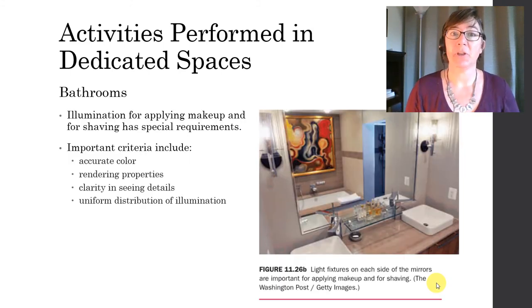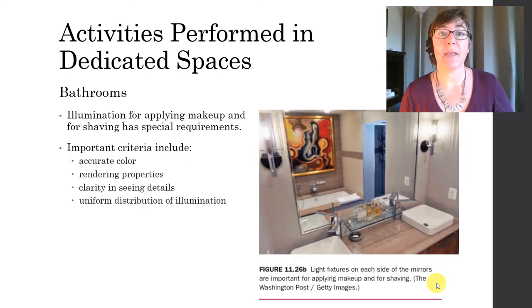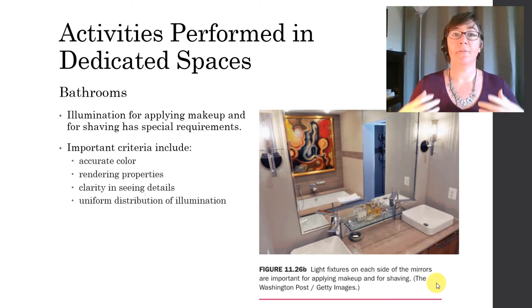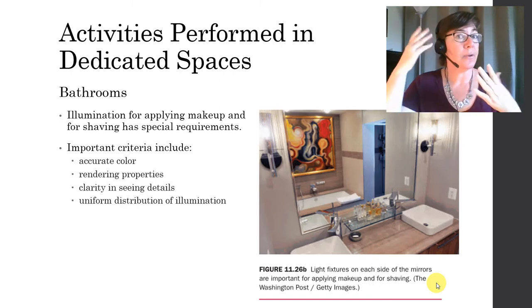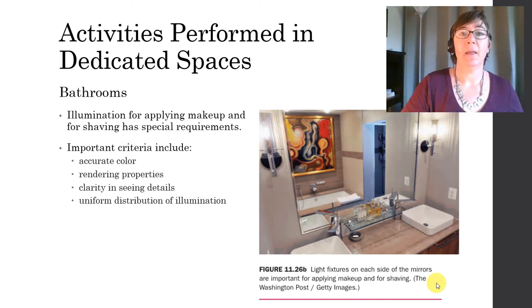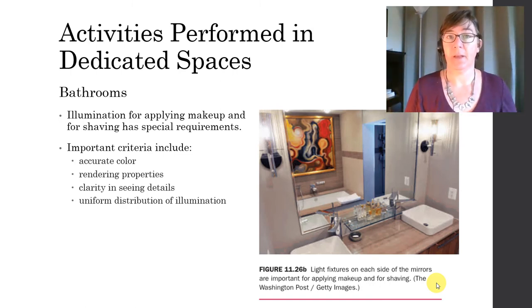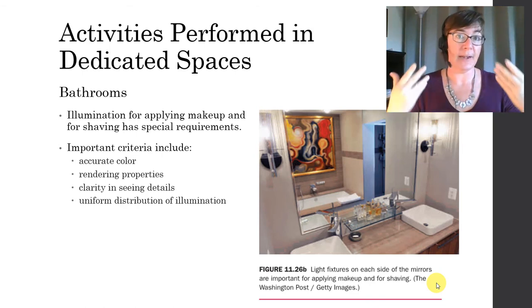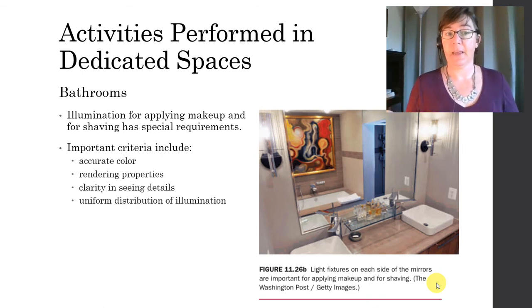The other special illumination criteria in bathrooms is for the grooming task: applying makeup, doing your hair, shaving. They all have special requirements for illumination. You need to provide accurate color rendering. You need to provide enough lighting for clarity.